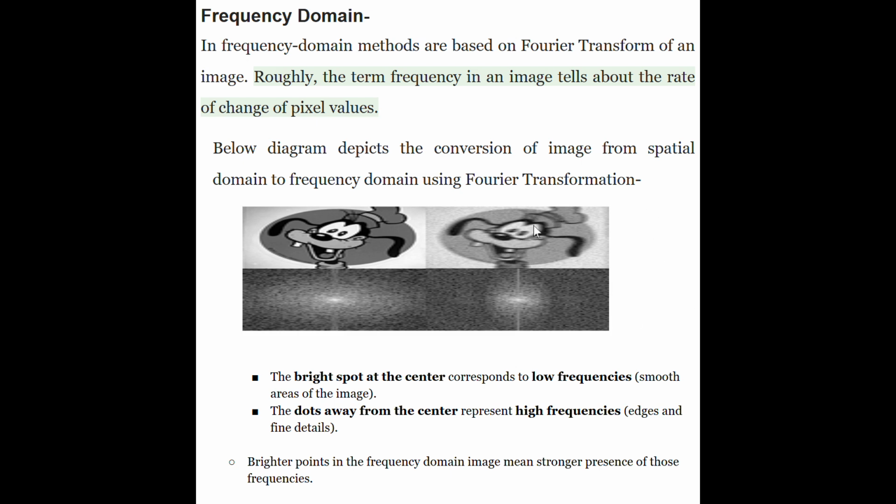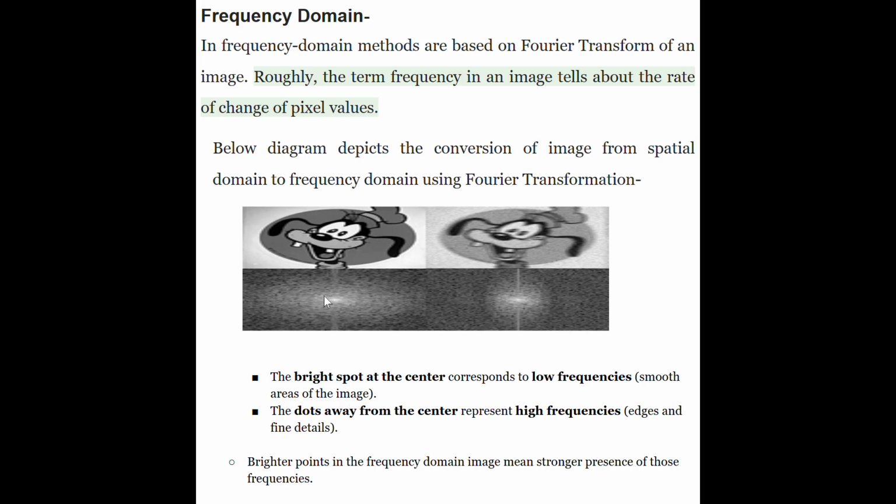Similarly, if there is another blurred version of the same cartoon, its Fourier transform will give you a different image. In this image, the bright spots near the center correspond to the low frequencies, like the smooth areas of the image.